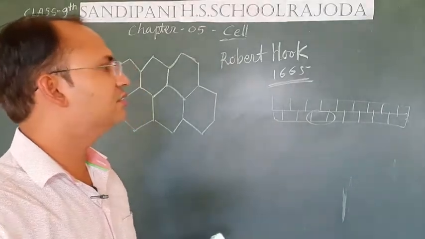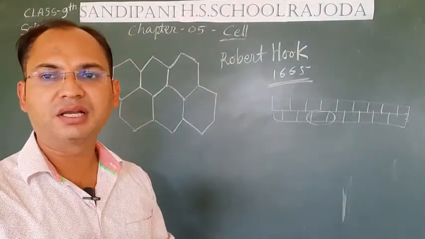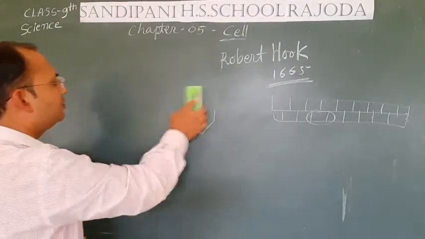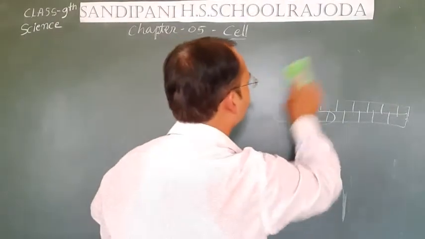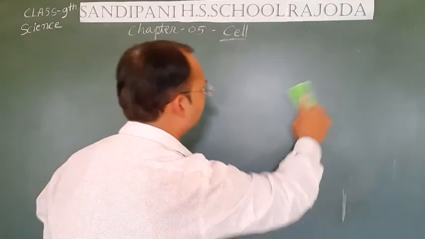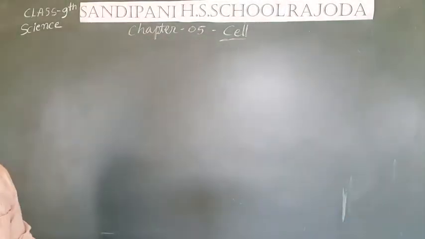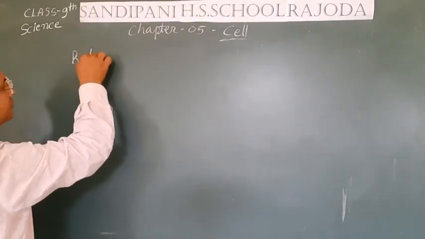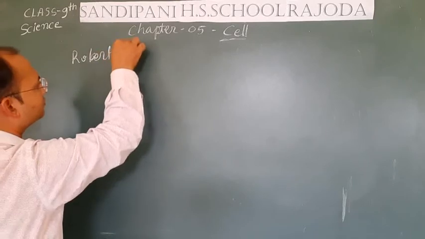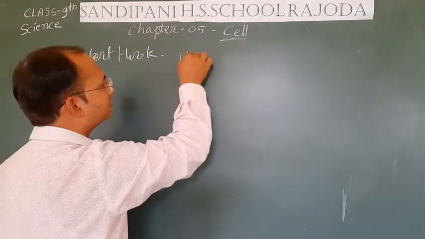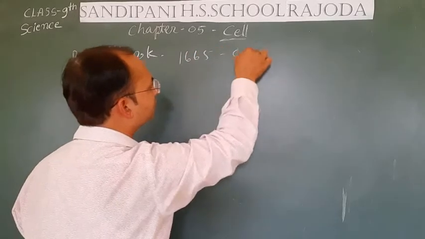Let's see, students, some history regarding the discovery of the cell, some important names of the scientists who discovered different things in the cell. First of all, Robert Hooke, whom we have seen, discovered the cell in 1665.